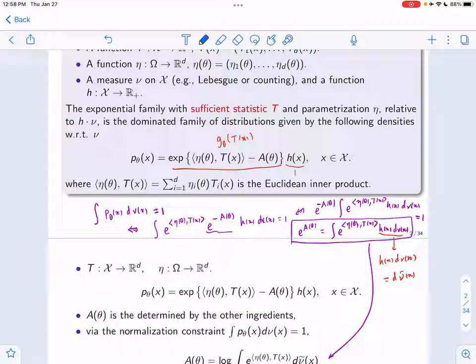This can be 0 in certain areas. Let's say this is the Lebesgue measure. Then the support is determined by where h of x is 0, essentially, and that doesn't depend on theta. So all the densities will have the same support. Is it clear now? Yeah, good.